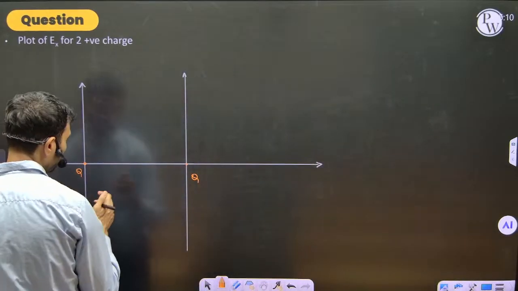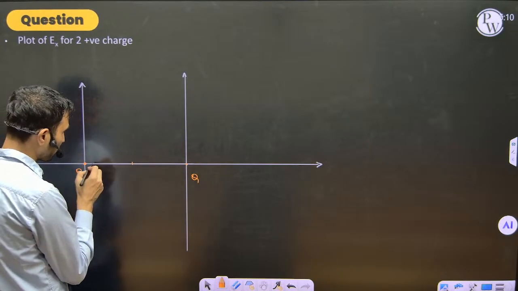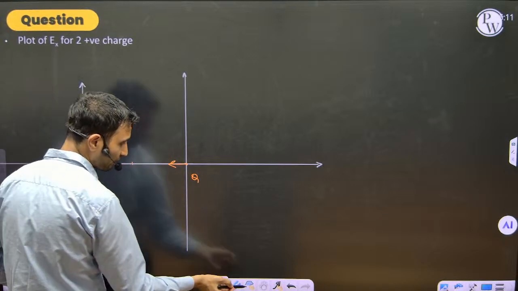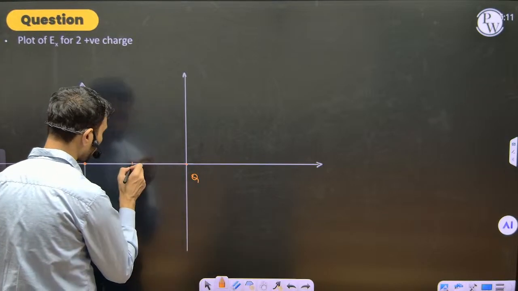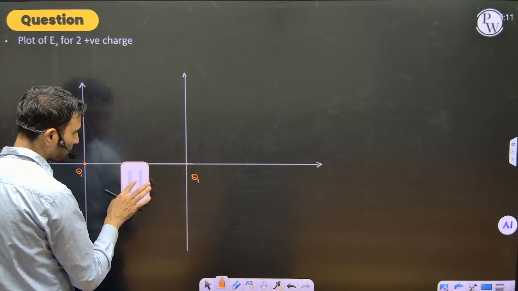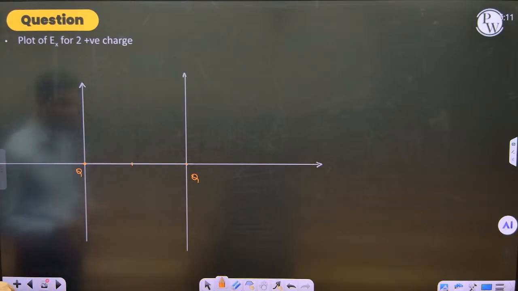So at the midpoint, what will happen? Both the electric fields will come from here because they'll go away like this and like this. So what will be the electric field at the center? For sure, electric field will be zero, right? So here it will be zero at the midpoint.